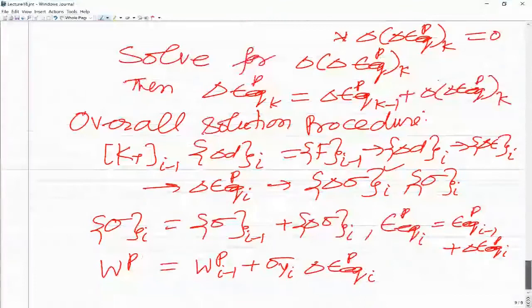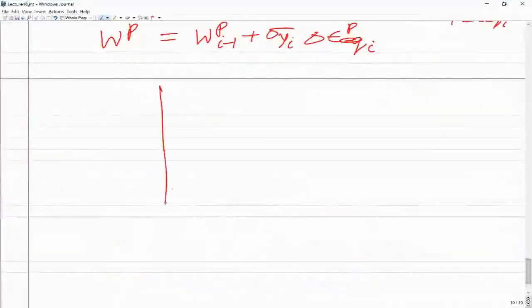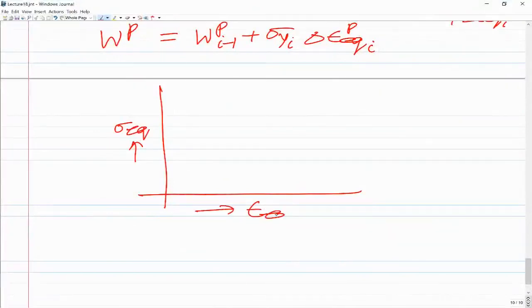So now let me let you know how the solution progresses in the stress-strain curve. For the multi-axial case, we take sigma equivalent, which is similar to sigma xx for the uniaxial load, and epsilon equivalent here, and then we basically have the stress-strain curve.